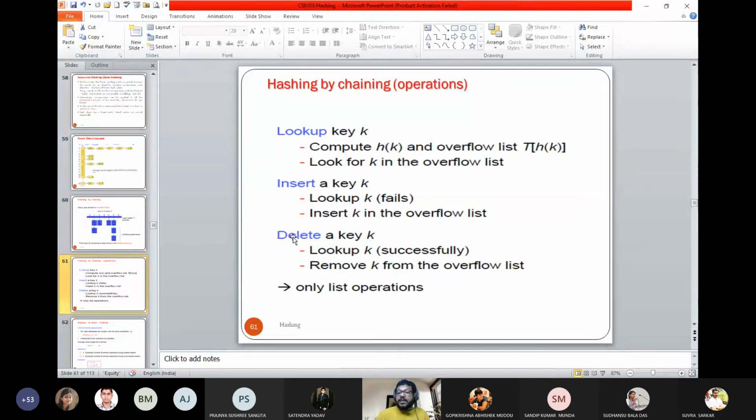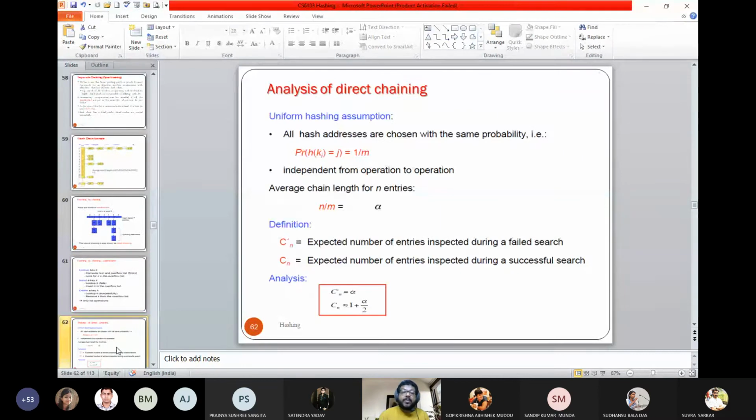So this is the last slide: the analysis of the direct chaining techniques. Sometimes two terms come up, successful search and unsuccessful search. All hash addresses are chosen with the same probability, that is, equally likely and independent from operation to operation.